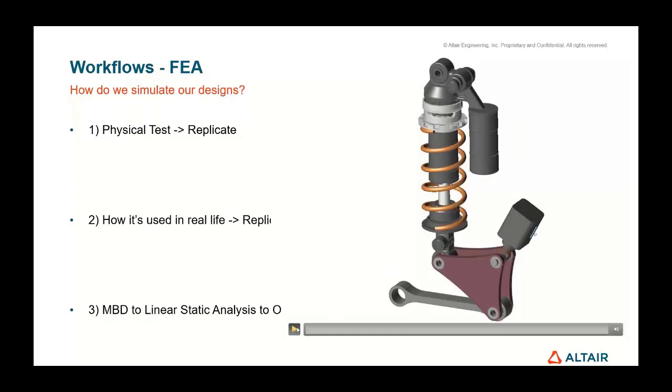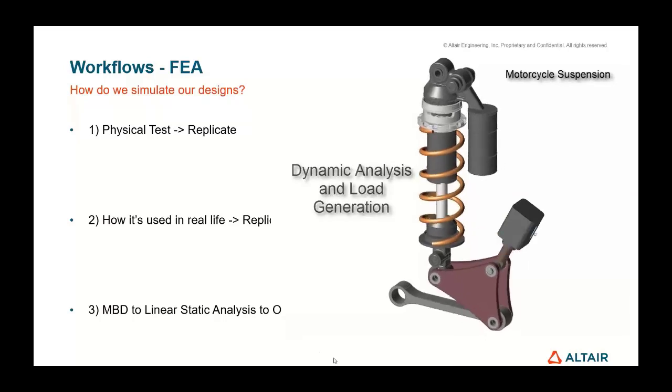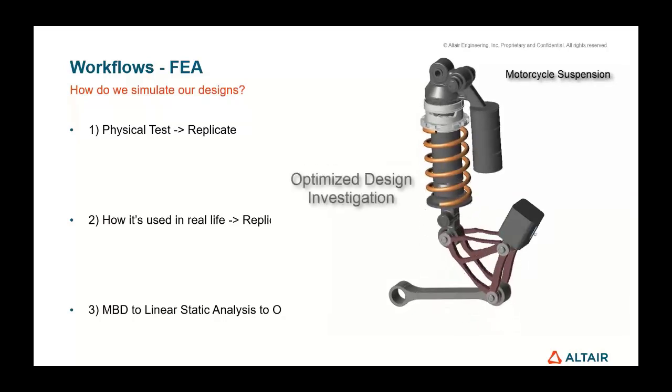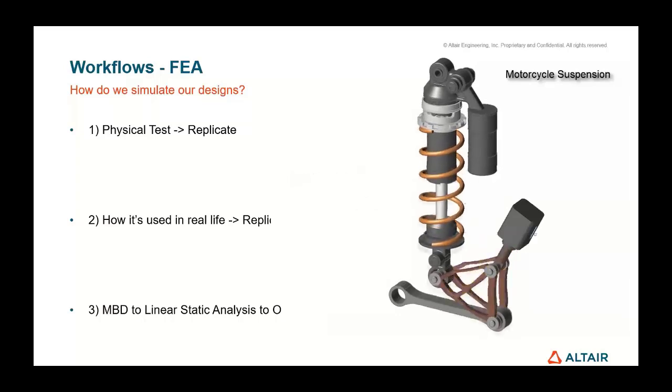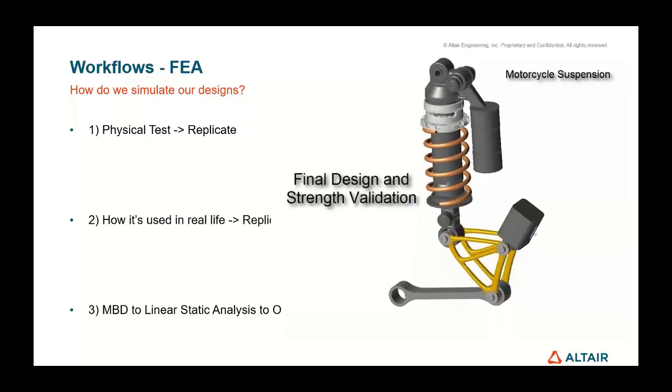So one of the things that we're looking at from multi-body to linear static analysis: on YouTube, last year I did a video for suspension design, where you can start looking at generating your dynamic analysis. And from there, you know exactly the loads acting on your part. You can then take those loads to optimize it.